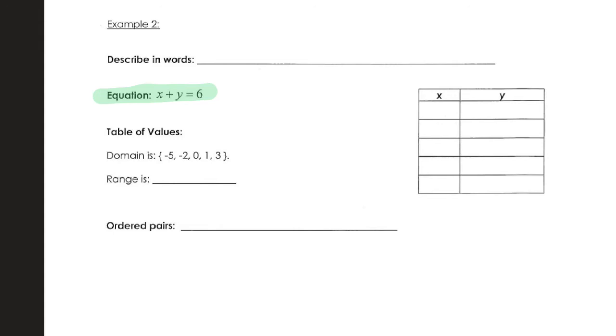Because I'm going to have some people that are going to write this: x plus y is 6. And I want you to know that, yes, you're correct. But I'm going to say, well, duh. That is a literal translation of what the equation is. I don't know if you would describe it that way.